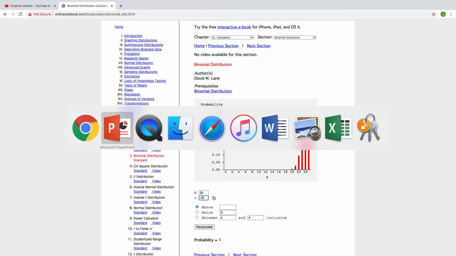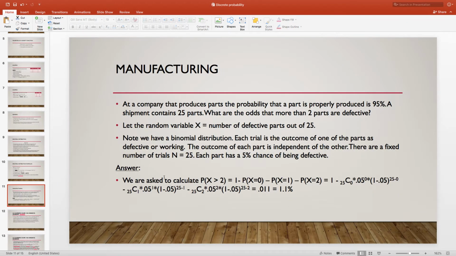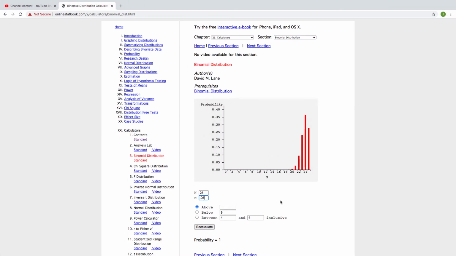One thing you should pay careful attention to is that the chance of each part being defective is a 5% chance, and X is the number of defectives. So I want to count the number of defectives. The probability of defective is 5%. I almost got myself there, so you need to be extra careful. The probability of defective is 0.05.